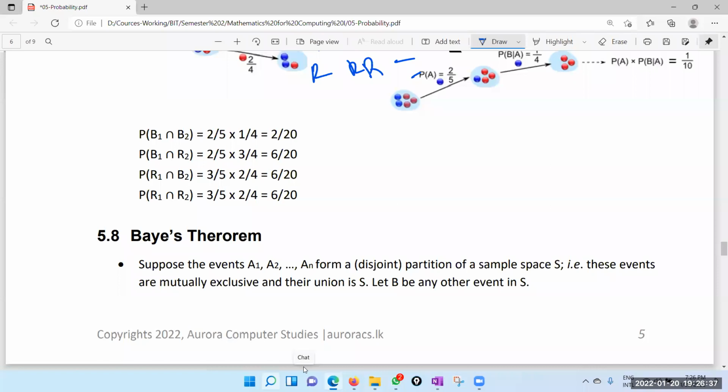Also, when you read the question, sometimes you can understand that this is that complicated scenario.